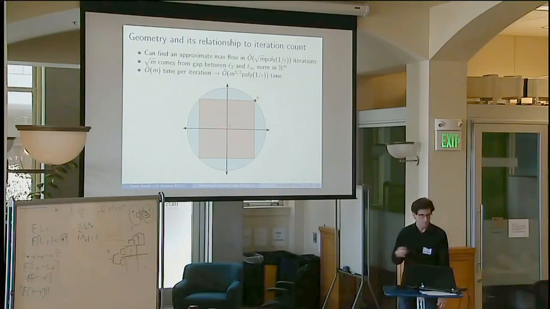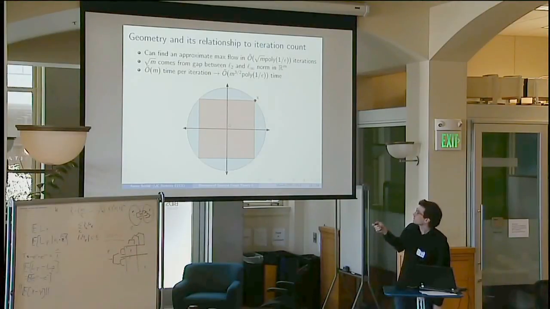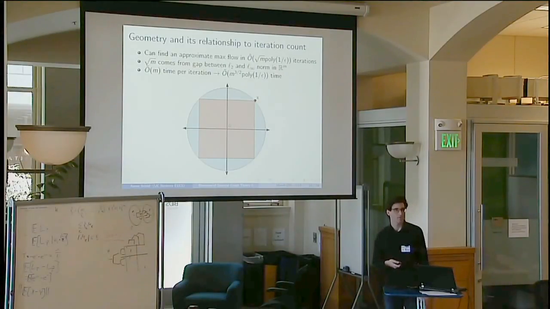This gap gives us an algorithm that takes square root of m iterations, and each iteration takes order m time because it's just one electrical flow computation. So the total runtime is m to the 3/2.